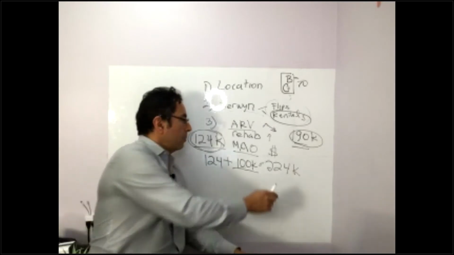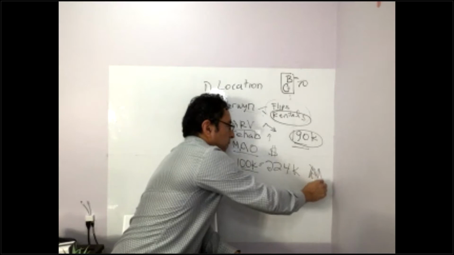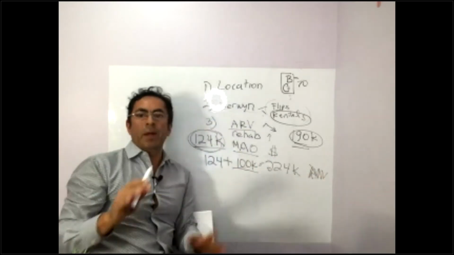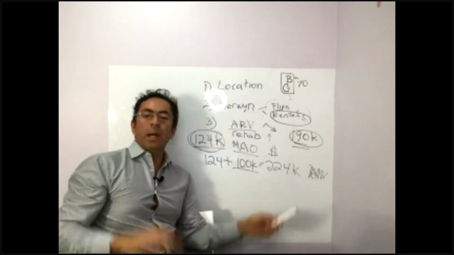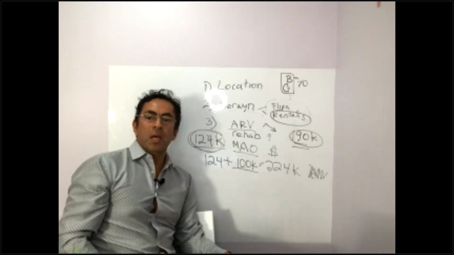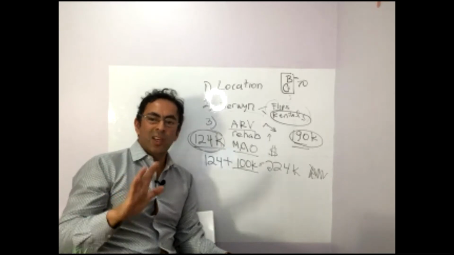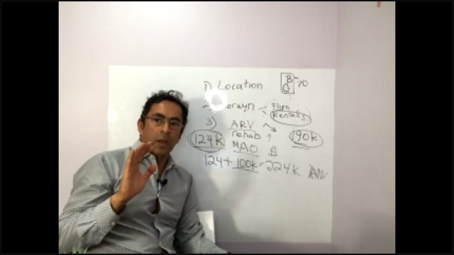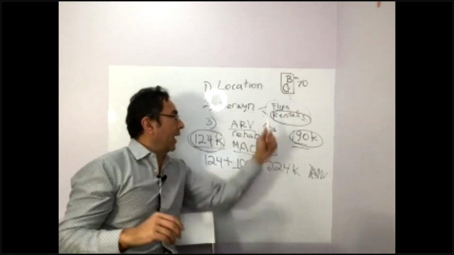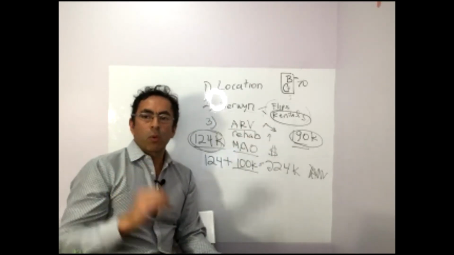So my ARV for this property better be somewhere in the neighborhood of 220,000. If it's not going to hit that appraisal number, guess what? You're not going to be able to cash flow, or you're not going to be able to do a successful flip. That's what we learned.